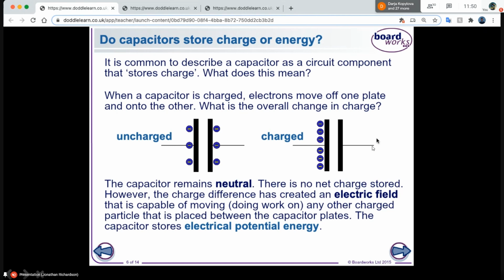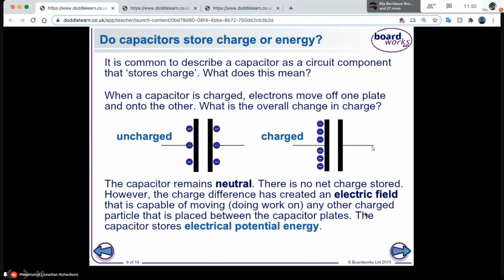So we've now done work. Moving the electrons onto one side means that we've transferred energy. And this capacitor stores what we call electrical potential energy.